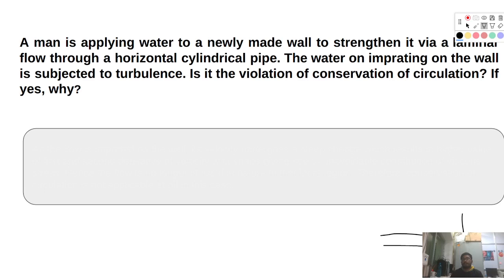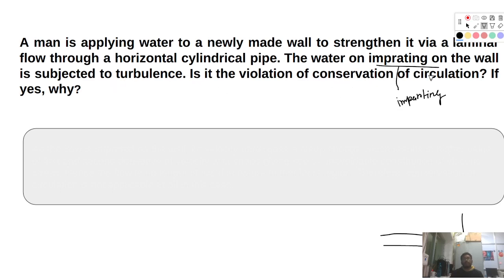So the flow is laminar, so there is no turbulence initially. Now the water on imparting on the wall is subjected to turbulence.